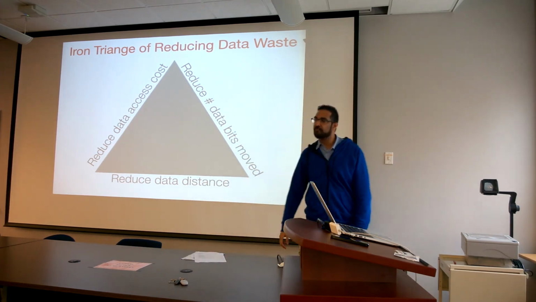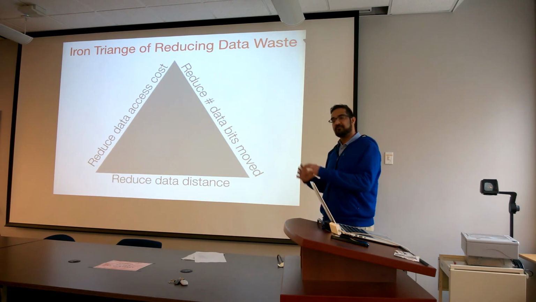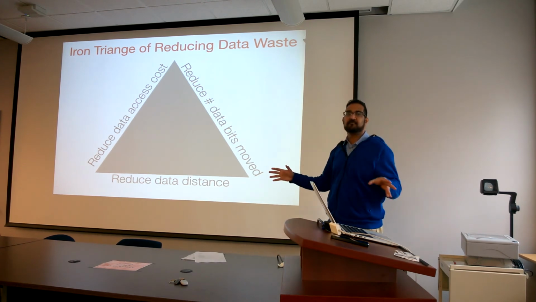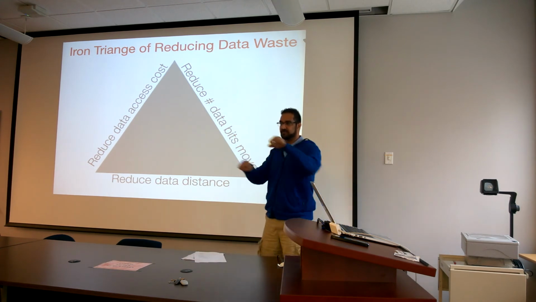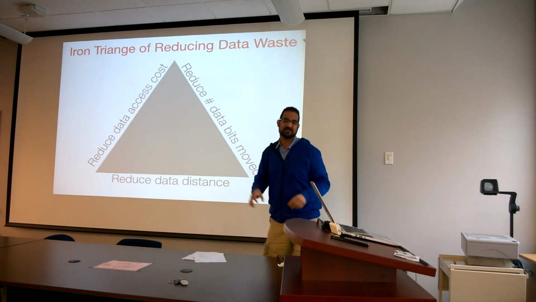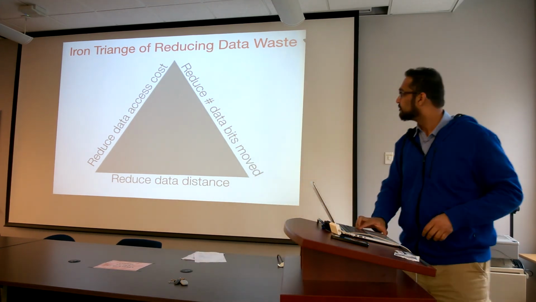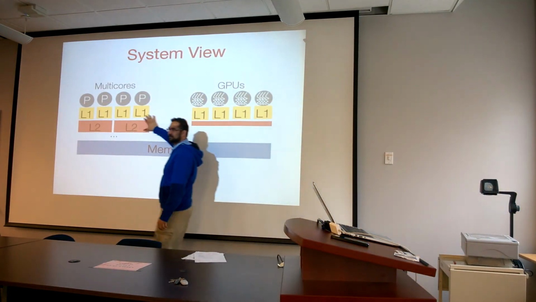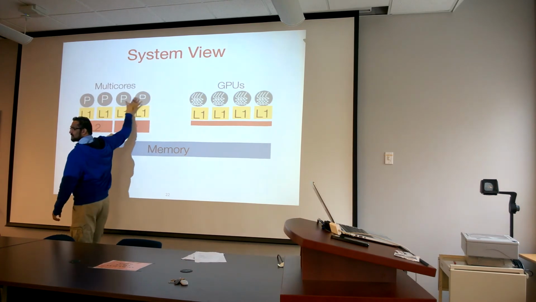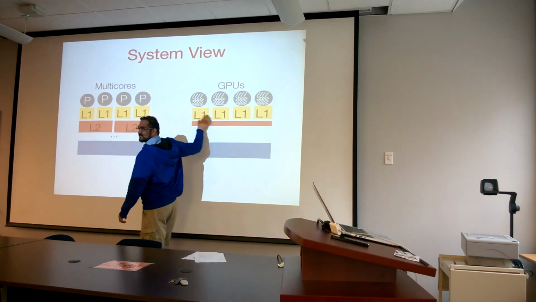If you look at actual platforms, they all have some form of protocol that controls how the data moves around, right? These different caches. So the challenge is that I've got all these caches, and as different threads access this data, I've got to move the data around each of these caches.